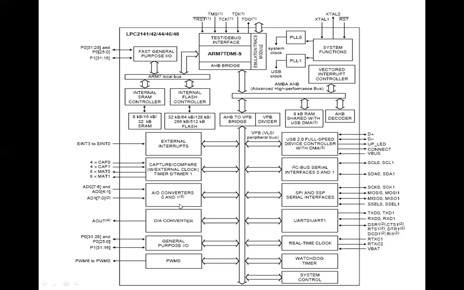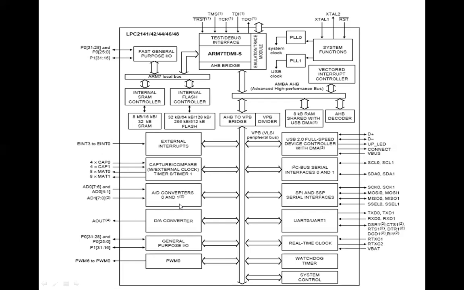Remember one thing here: it has 2 ports, and every port has 32 lines, so a total of 64 lines are available. The port names are port 0 and port 1, and pins are numbered from 0 to 31.